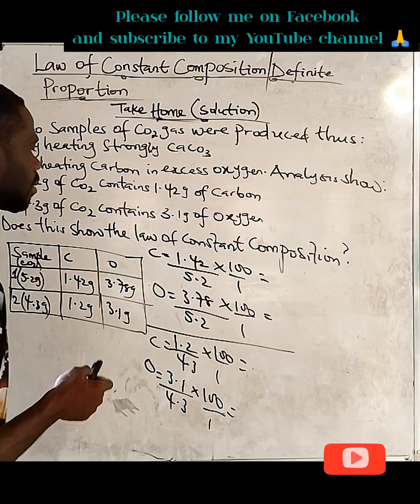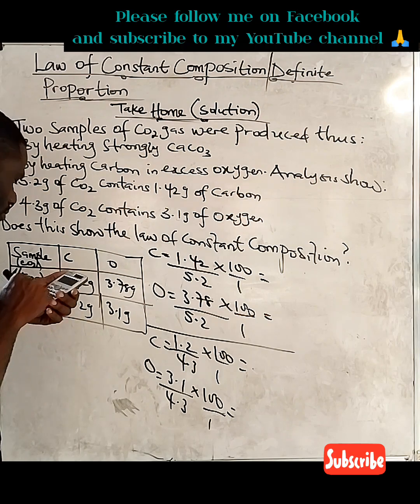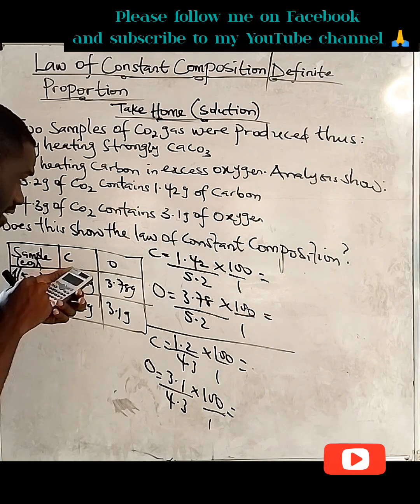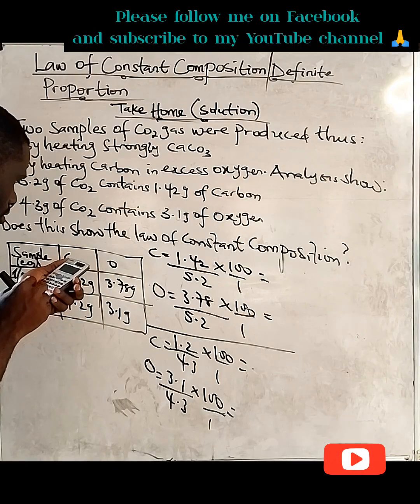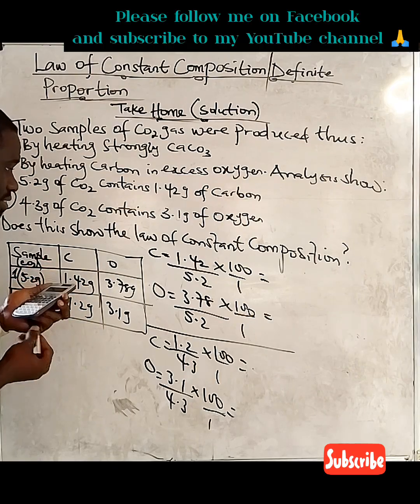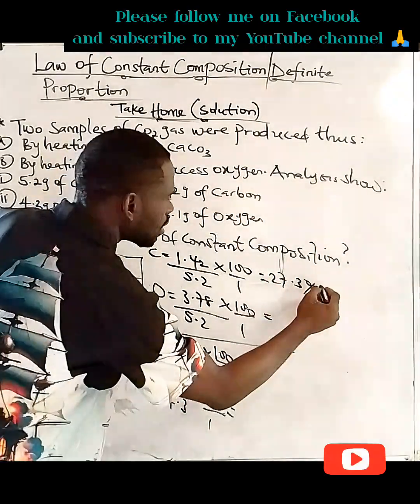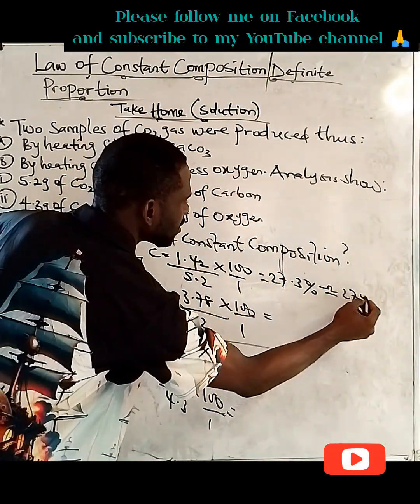So quickly, our calculator will help us get this done. 1.42 times 100 divided by 5.2 will give us 27.3%, which is approximately 27%.